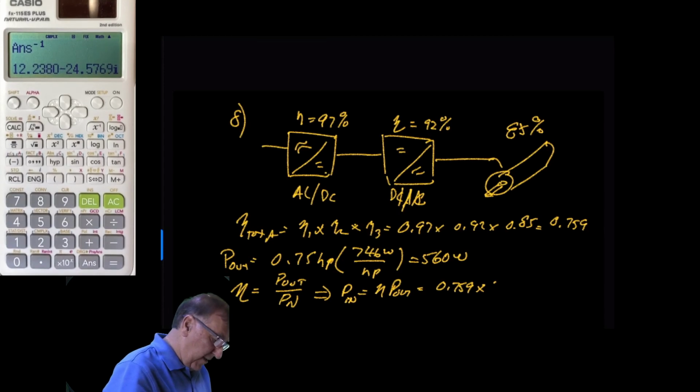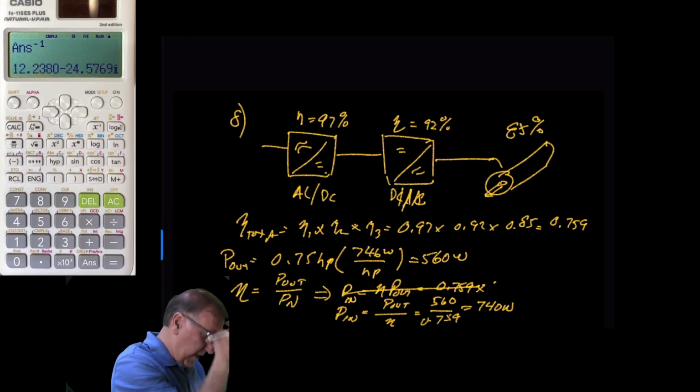Whoops, I made a mistake here. Let's cross that out. P in equals P out over efficiency. P out is 560 watts over 0.759, and that is equal to 740 watts.